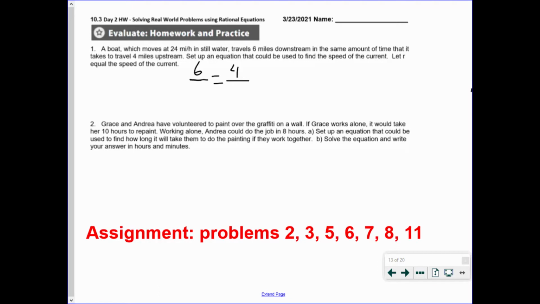When we're going downstream, that means we're going with the current, so we're going to be faster than usual. In the problem, we're told to use r as the speed of the current.